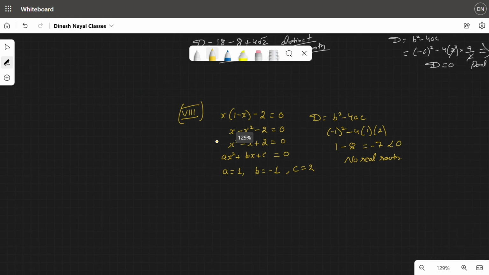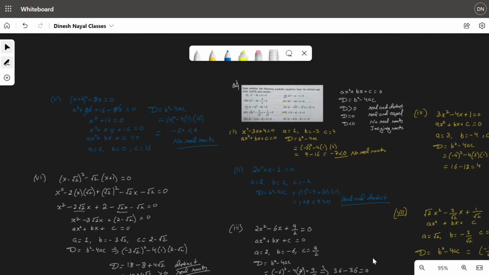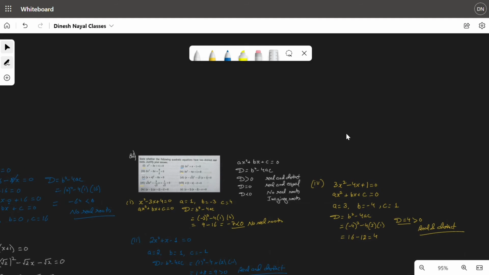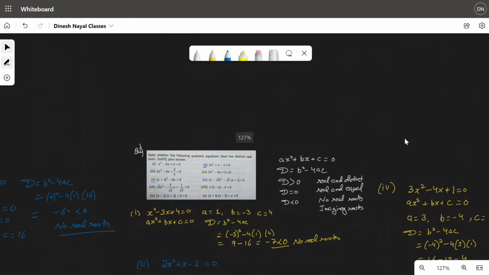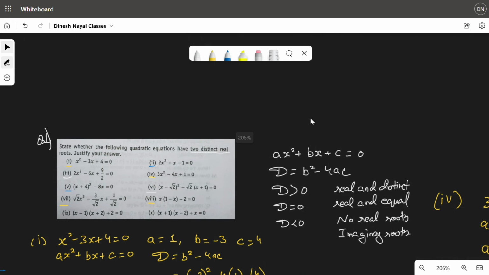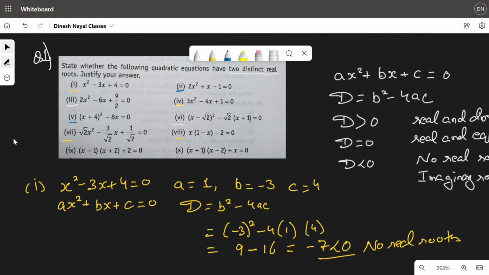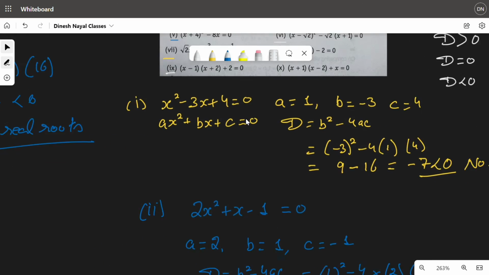So on to our next part. Our next part will be the 9th part. So let's see 9. So this is given x minus 1, x plus 2 equals 0. So now writing the 9th part.